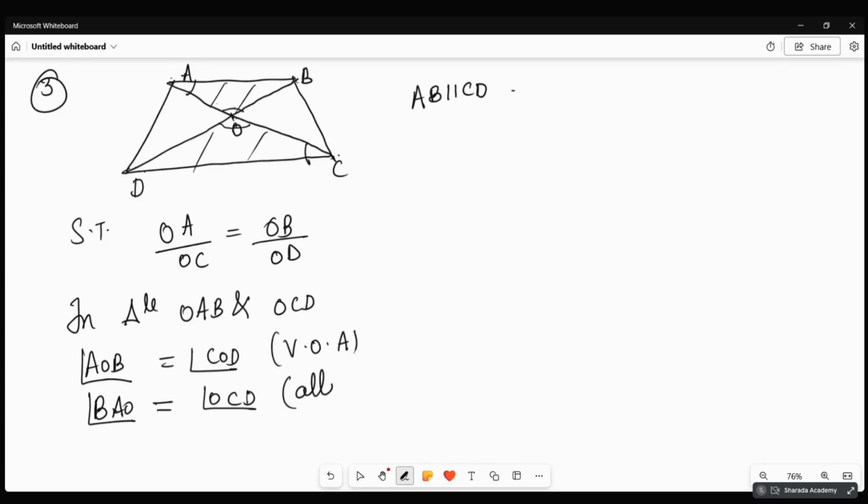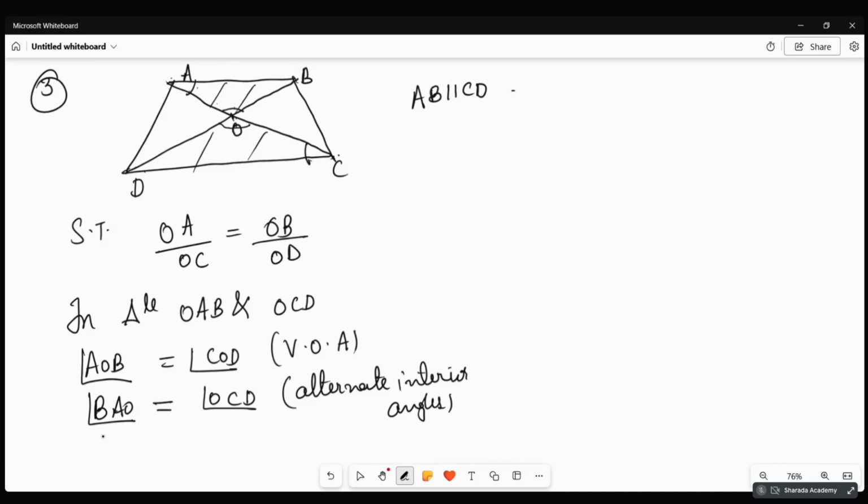They are alternate interior angles, because AB is parallel to CD and this is a transversal. So alternate interior angles are equal.